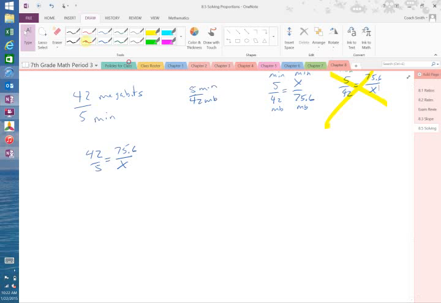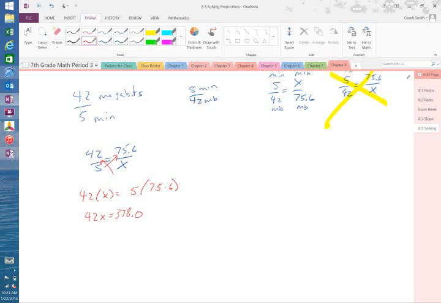So now we just cross multiply, and we have 42 times x is equal to 5 times 75.6. So we multiply it. 42x is equal to 378.0, which is 378.